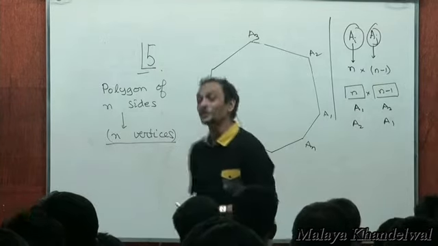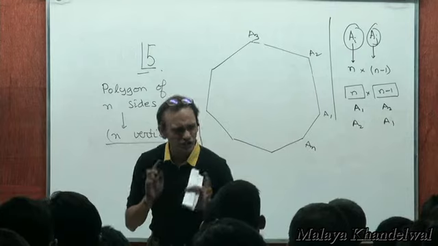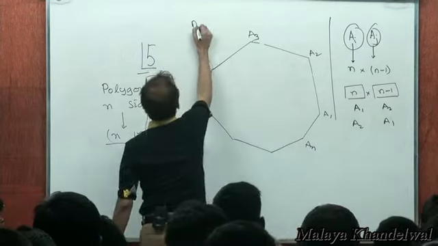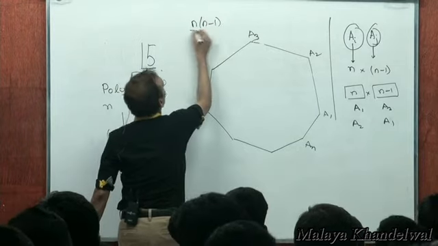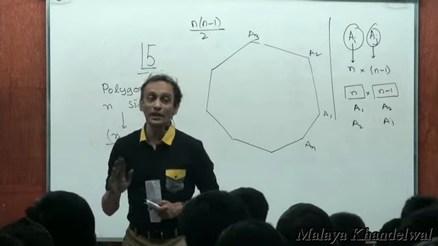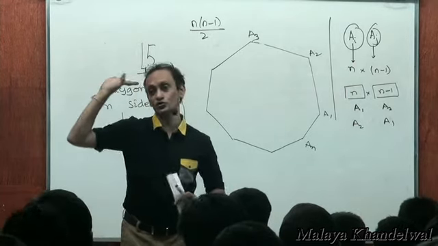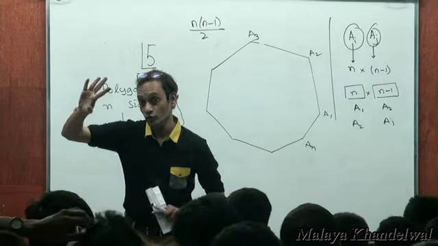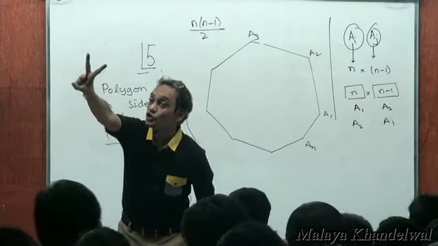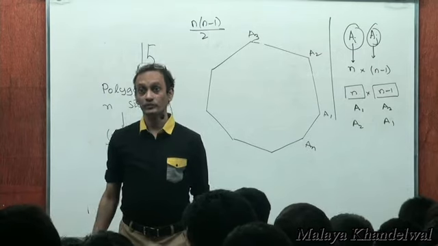That means there is duplication of count here, a double count, right? So from this n into n minus 1, I will divide by 2 to get the number of ways in which two vertices could be joined. Yes or no? This gives me the total number of ways in which two vertices could be joined.